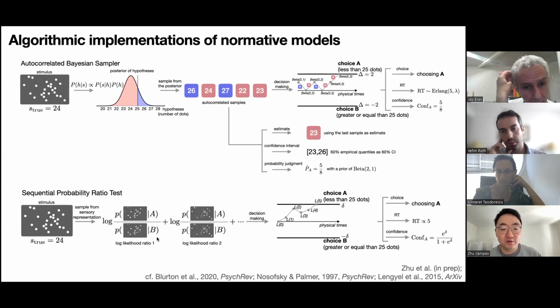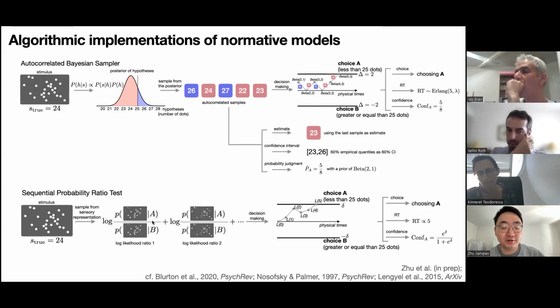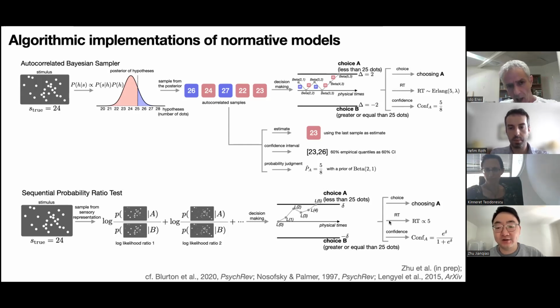It then calculates the log likelihood ratio between the two choices against this noisy percept. You keep adding the log likelihood ratios until some threshold, and then you terminate this process. And you can also record the choice, response time, and the confidence.